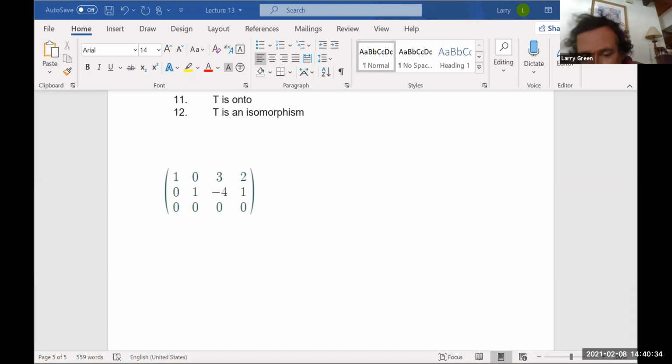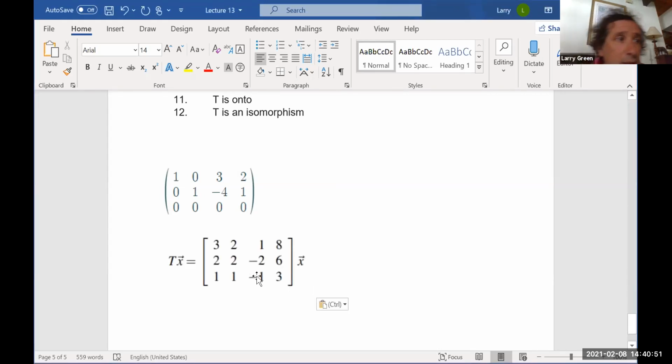This was number 6. All right, so what is the image of T?